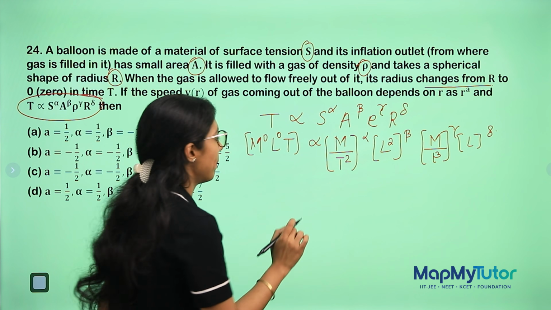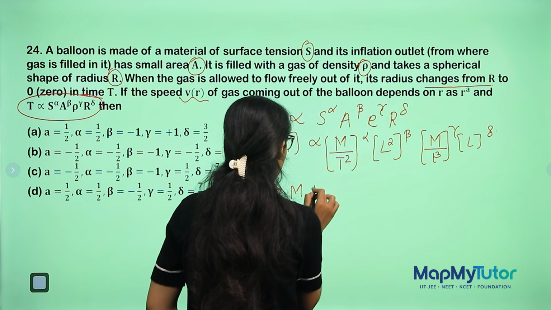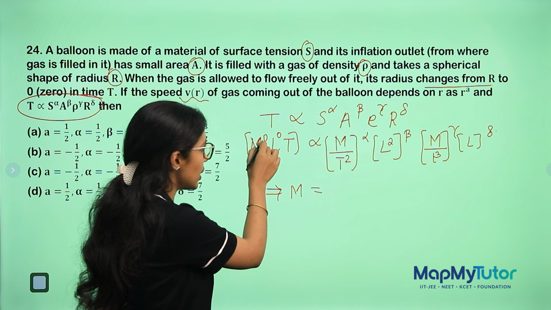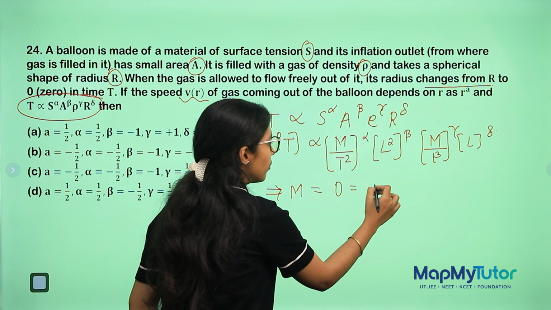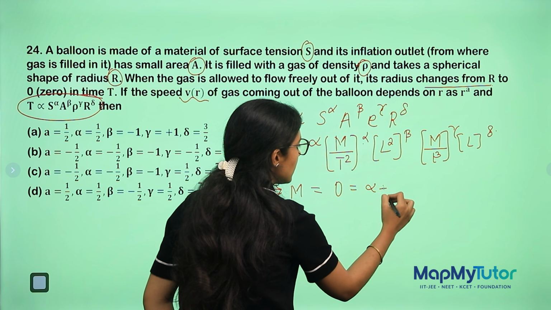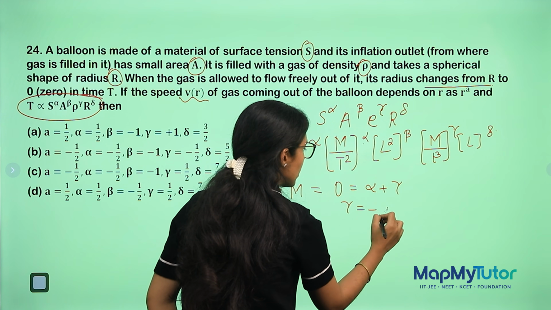First we will calculate for M. If you are calculating for M, M is here 0. So 0 is equal to alpha, no M here, plus gamma. So gamma is simply minus of alpha.